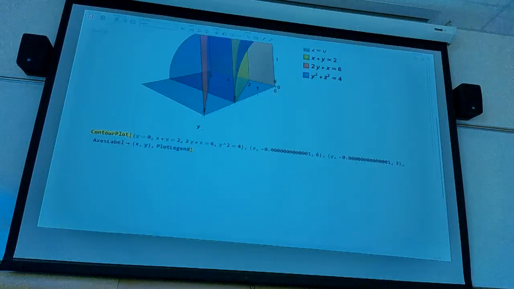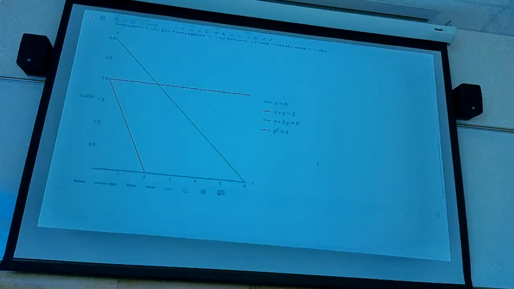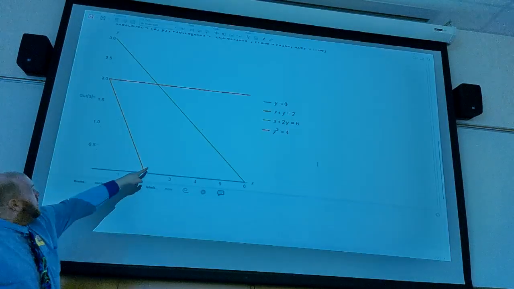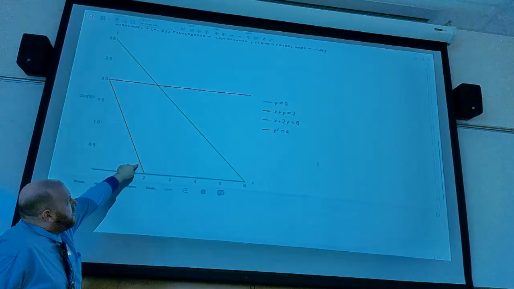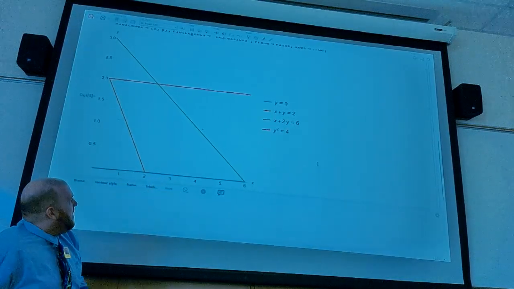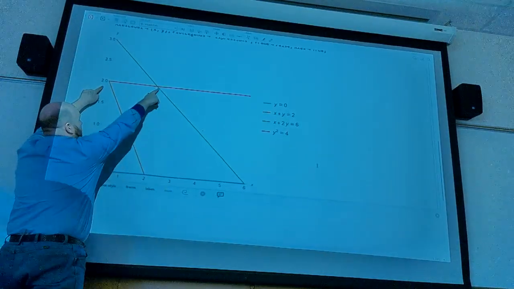I can't be bothered to change default colors. This would be the projection, right? X goes from yellow to the green, and then Y would go 0 all the way up to 2.